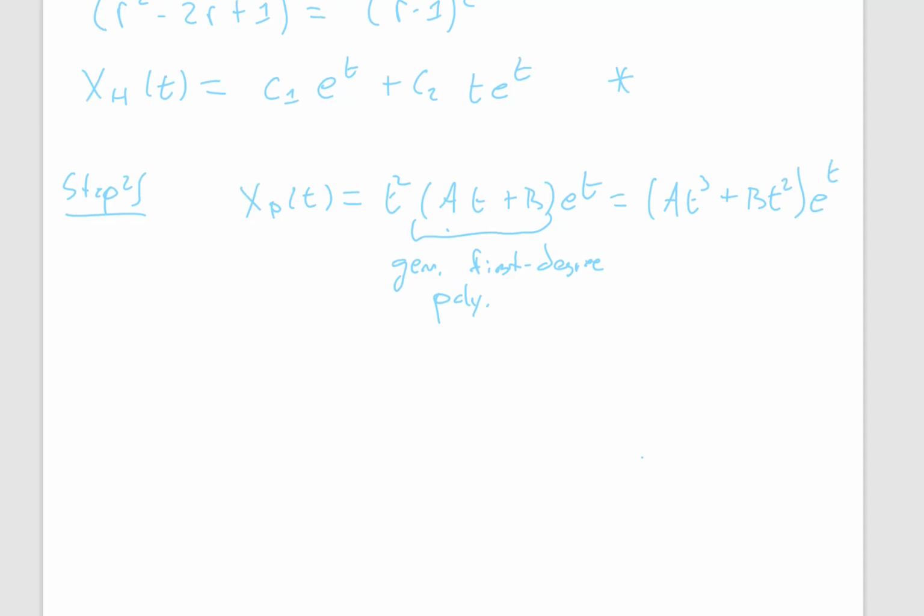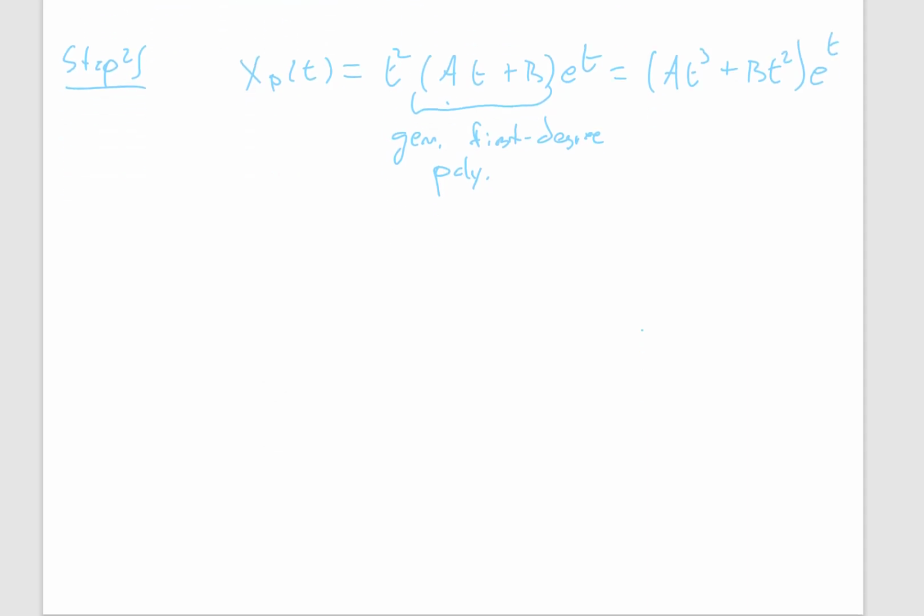All right, so now I need to take the derivative of xp and then the derivative of that to get xp double prime. So xp prime of t is (3a t squared plus 2b t) e to the t plus (a t cubed plus b t squared) e to the t, and then xp double prime, that's just product rule, so now I'm going to do product rule on both of these terms.